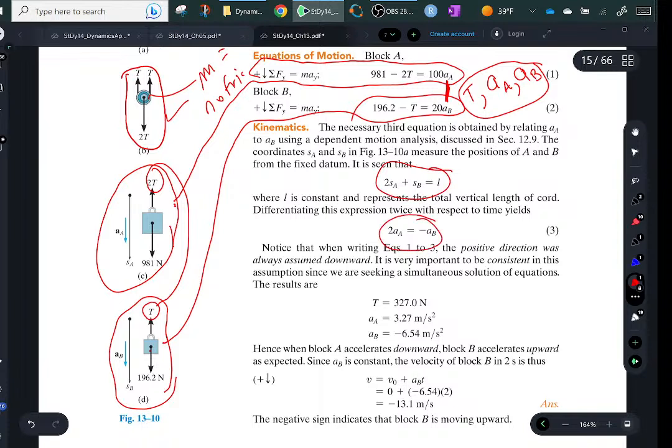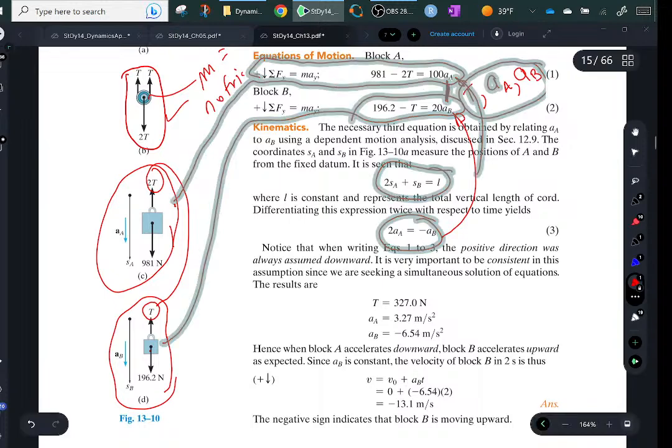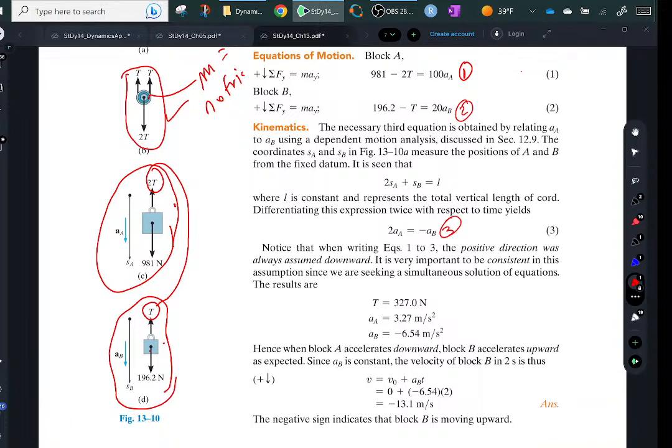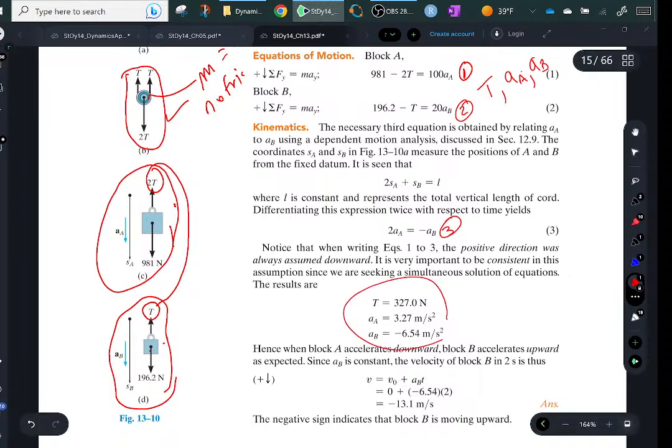You take two derivatives instead of one, and then you can have a relationship between acceleration of A and acceleration of B. So really, technically, what you've got is one equation here, a second equation here, and a third equation here. And you've got unknowns of T, acceleration A, and acceleration of B. So you can actually solve that pretty easily. And so he just does that and solves it right there.